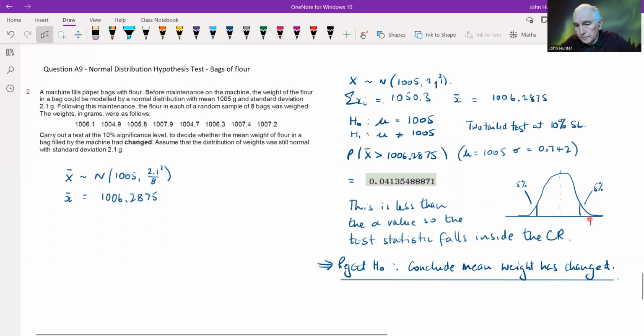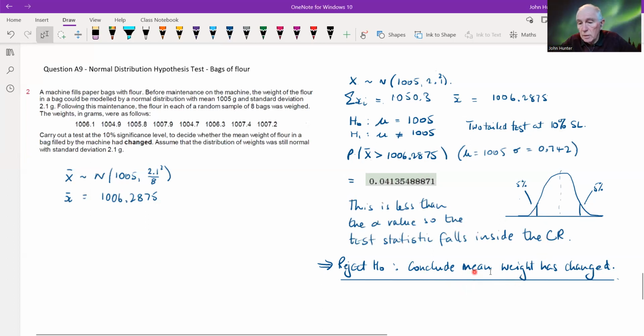0.0413, whatever. Now that value is less than the probability of this tail here. This value is less than the alpha value, so the test statistic falls inside the critical region, and therefore we're going to reject the null hypothesis, because we're concluding that this sample mean is more than we would reasonably expect to have arisen from random variation.